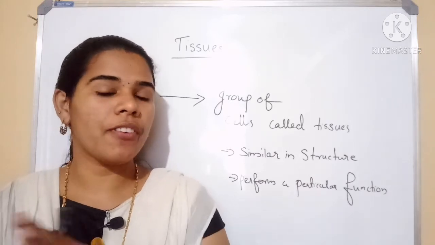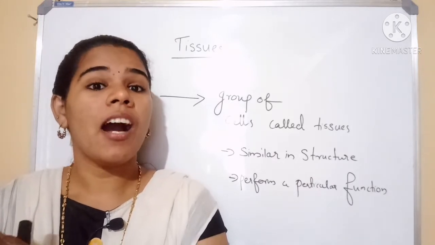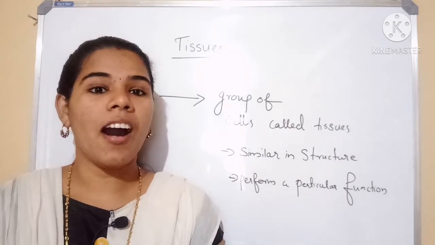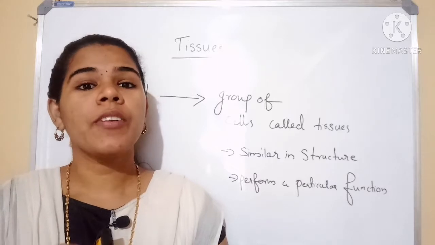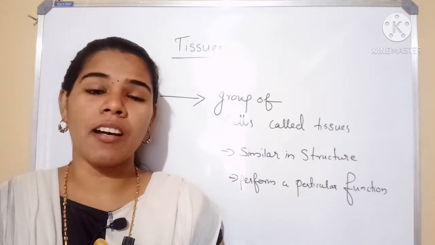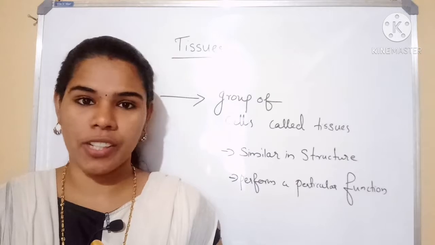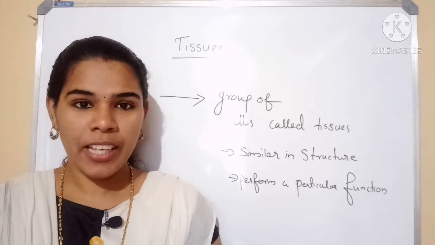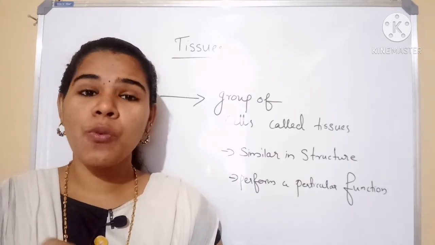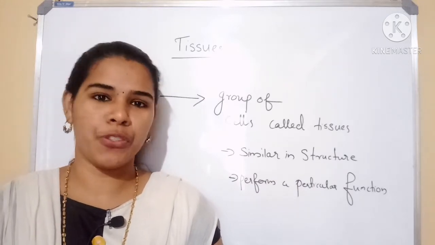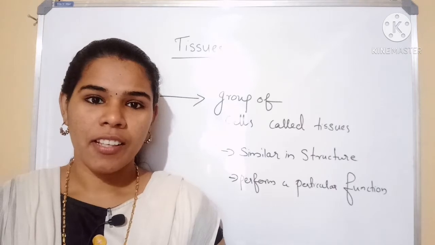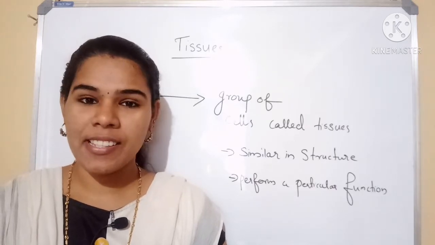And what is the function of the heart? The heart helps to pump the blood. So these two organs show different functions, and they are also made up of different types of tissues. You get what I said?